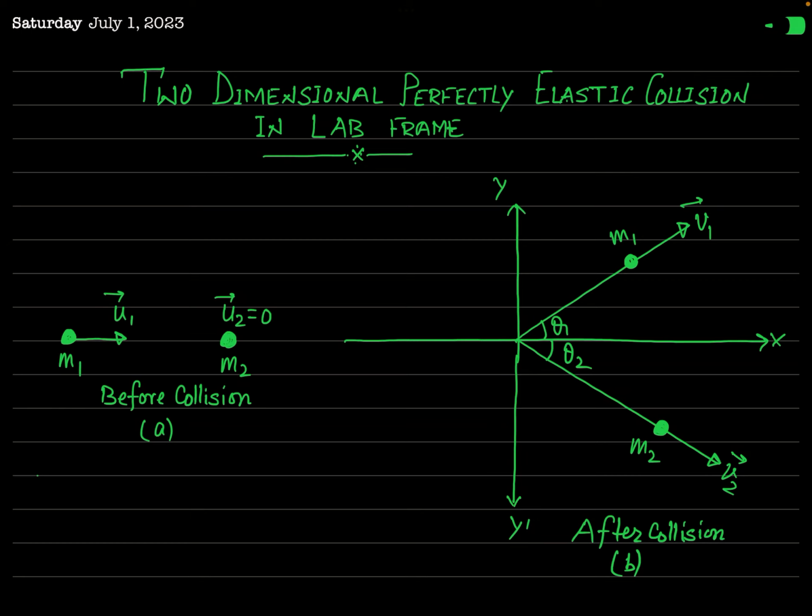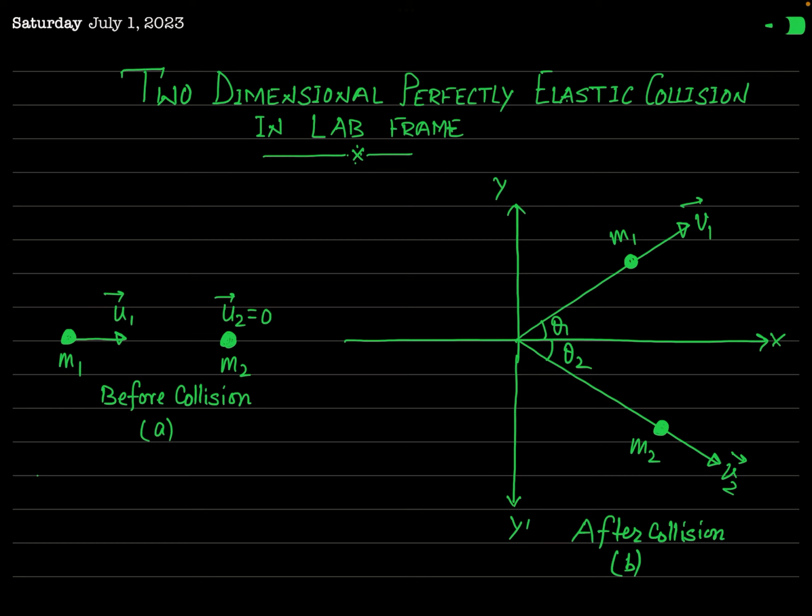So this problem is of great practical importance. Here in this lecture we will see the general concept of how to deal with the problem of two-dimensional perfectly elastic collision in the laboratory frame, in great detail. This is just a theoretical basis, and this concept is utilized in physical problems.